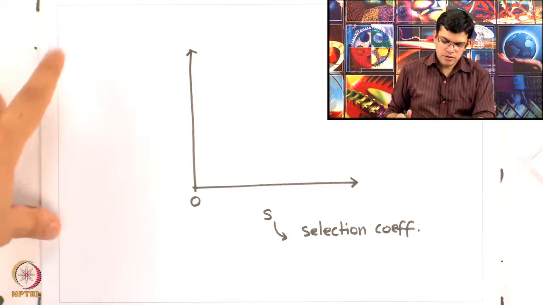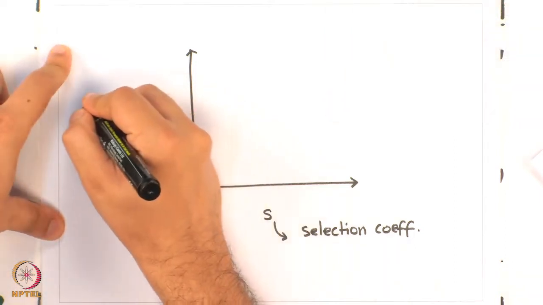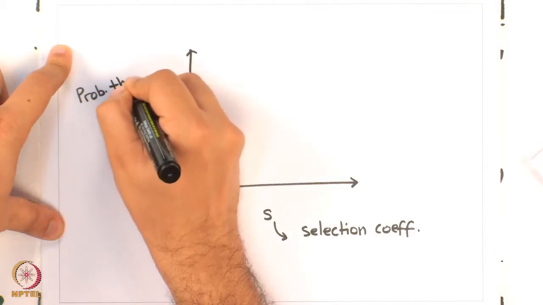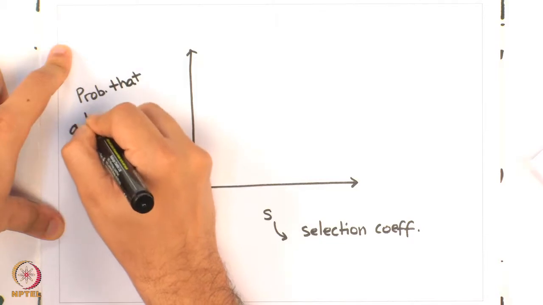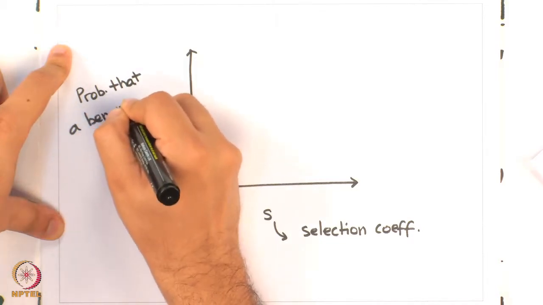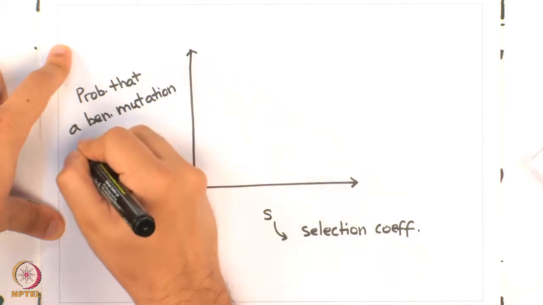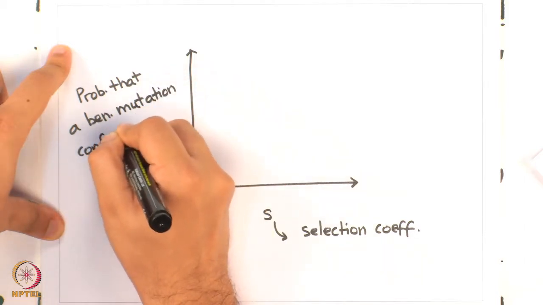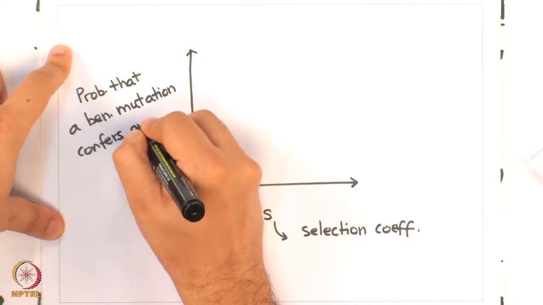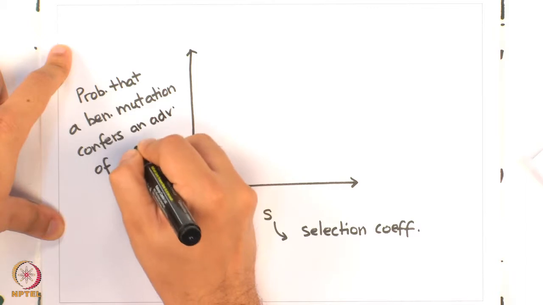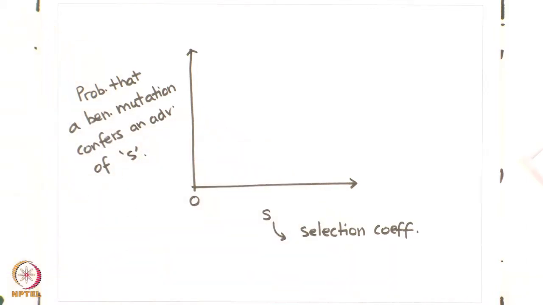On the y axis, what I want to represent is the probability that a beneficial mutation confers an advantage of S.